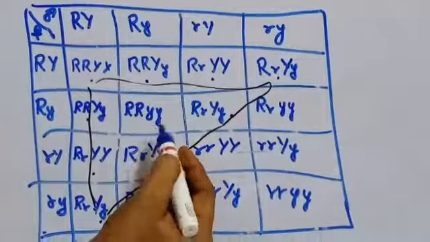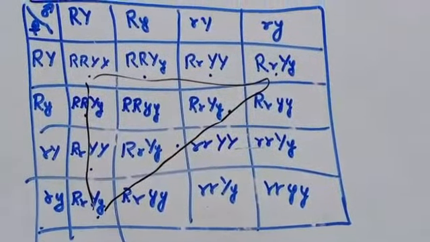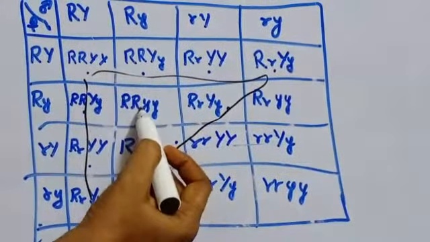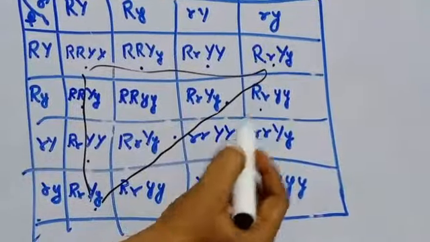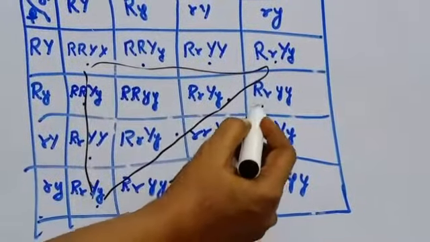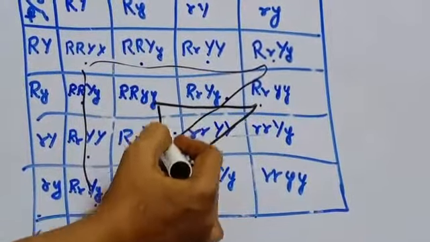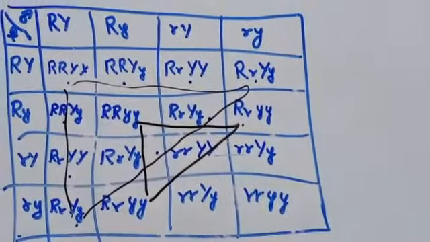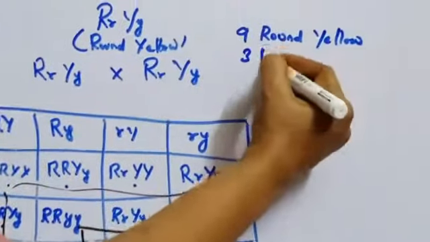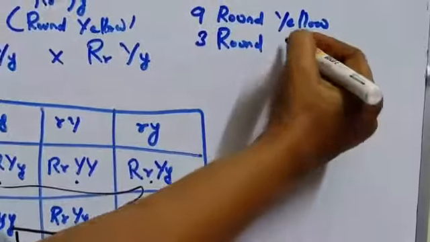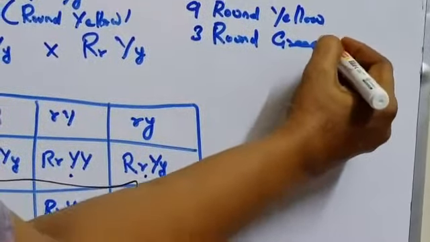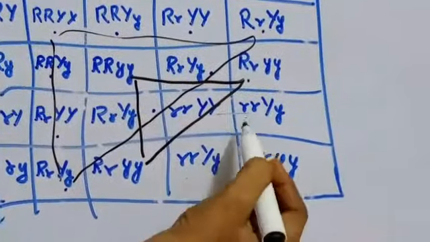You can see here round green. See, this one is round green. You can use a black color. This one is round green, and then this one is round green, and this one is round green. These 3 round green. The next one, see, this one is wrinkled yellow.